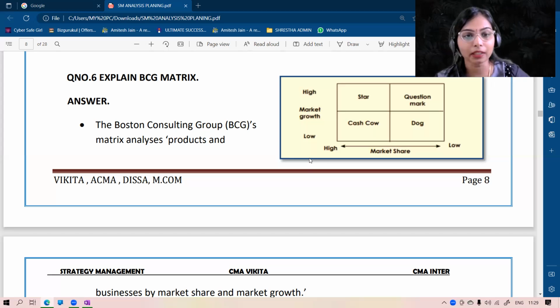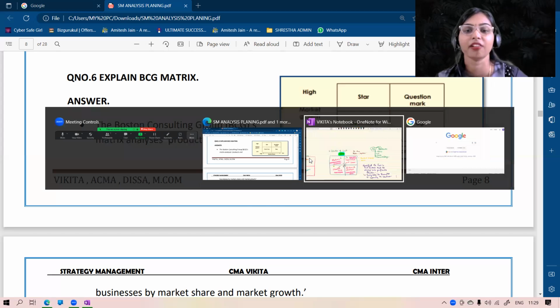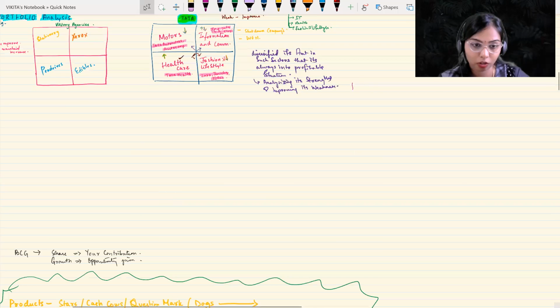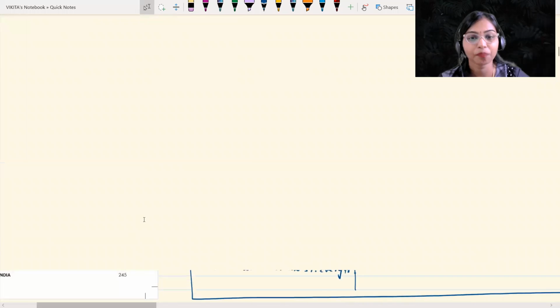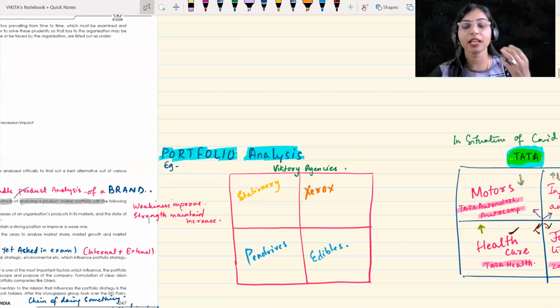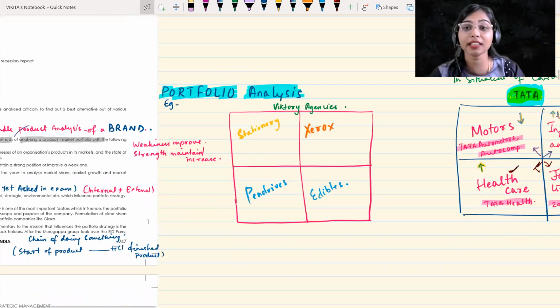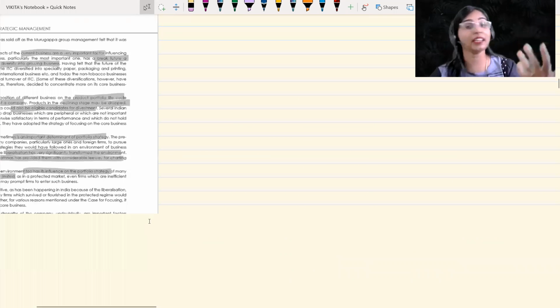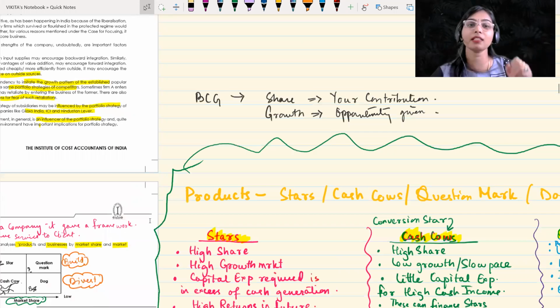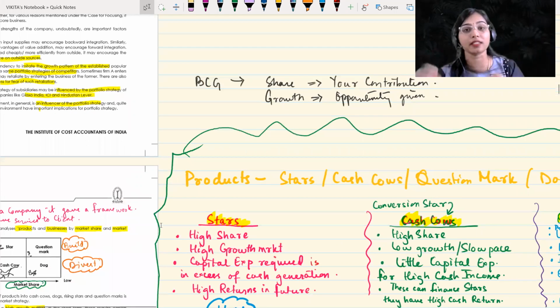First, BCG is a company, one of the companies which wanted to give consultancy type of services to their clients. BCG, that is Boston Consulting Group, is a consultancy group which provides its service to its clients.